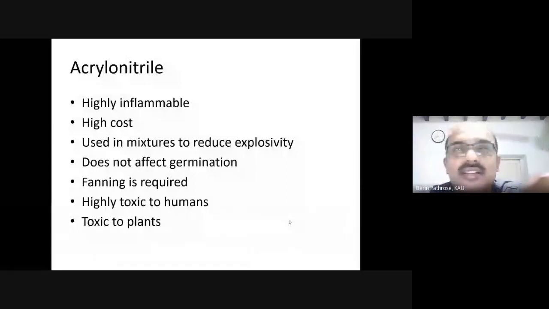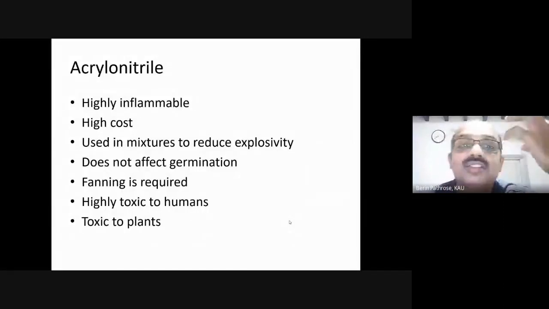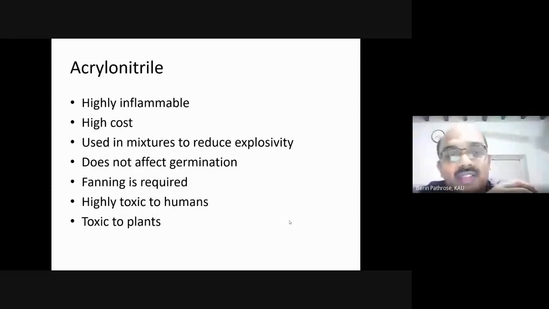I will discuss in the next few slides how we try to reduce the inflammability or explosivity of certain fumigants by mixing with other fumigants. So acrylonitrile, we can't use it alone. We have to mix it with other fumigants to reduce its inflammability.